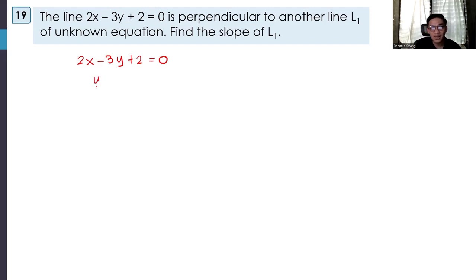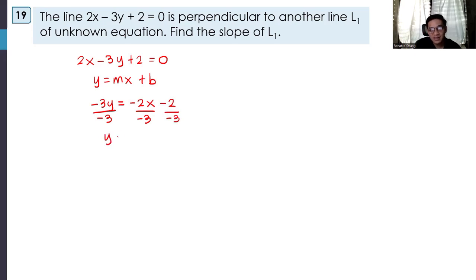Take note, y is equivalent to mx plus b. So we will transform this one into this form. We have negative 3y is equivalent to, transfer natin si 2x, magiging negative 2x. Transfer natin si 2, magiging negative 2. Tapos, divide natin silang lahat ng negative 3.